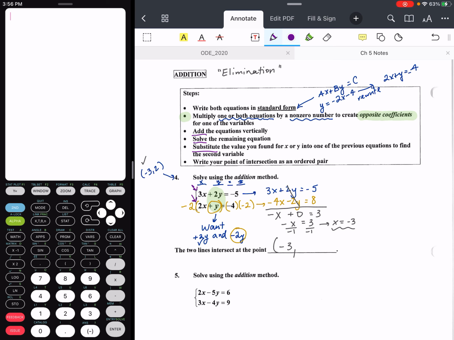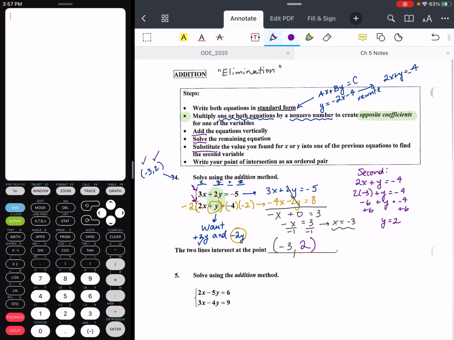Either one is going to give us the correct y value. So maybe I'll just choose the second equation. Does not matter which one I pick. So I'm going to pick the second equation, 2x plus y equals -4. I'll replace x with -3. And then adding 6 to both sides gives me y equals 2. So there's my ordered pair -3, 2.